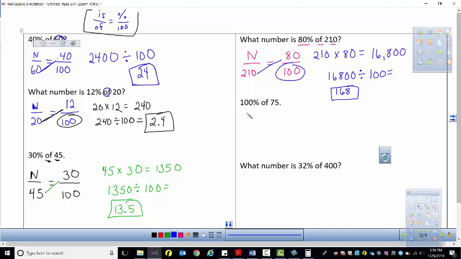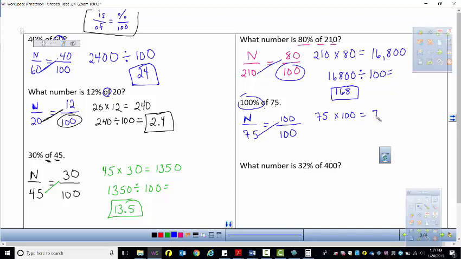All right, so the next one we have is 100% of 75. So 100 is on the bottom. My percent is also 100, so they are the same. Of 75, of goes on the bottom. I don't know the number, the is, so I put that in the numerator as the letter N. And then I cross multiply 75 times 100.